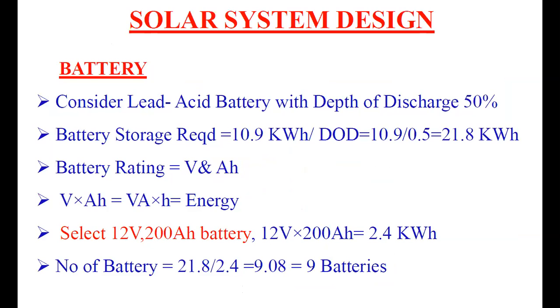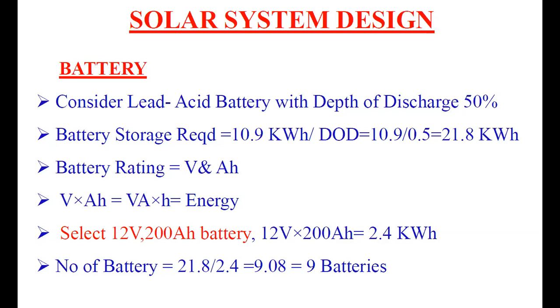Then the next one is the selection of the battery bank. Normally in a home solar system, we use a lead acid battery with a depth of discharge of 50%. So the energy storage required for the lead acid battery will be the input energy divided by the depth of discharge.